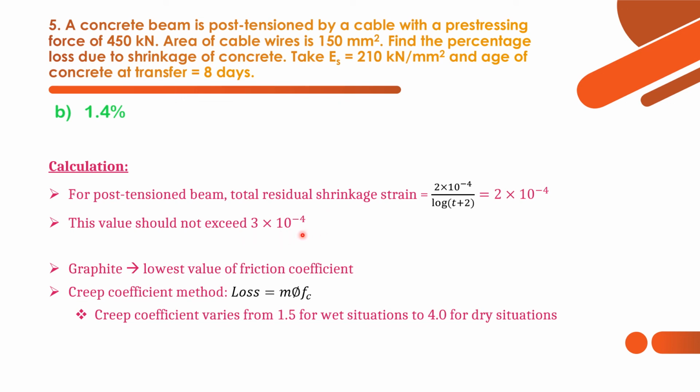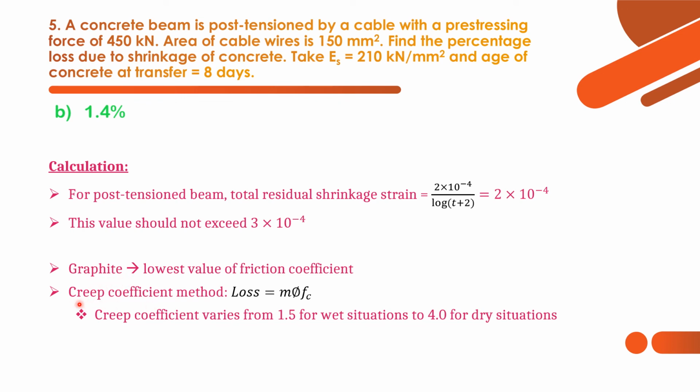This value is the maximum strain that we have to assume or adopt. And in case we are using graphite in the post-tensioning duct, that gives the lowest value of friction coefficient. So by using graphite, we can reduce the loss of pre-stress due to friction. So that is the concept here.